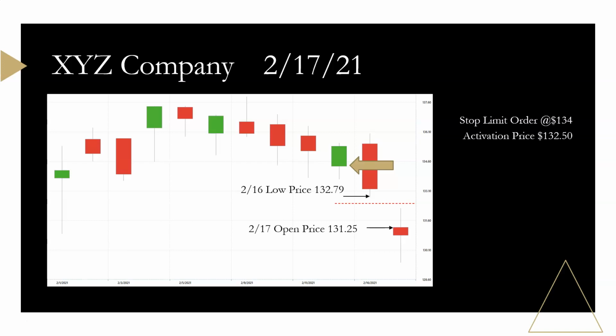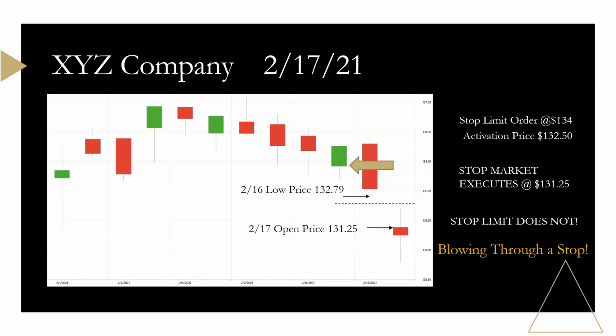So if it closed one day at $132.79, well, it went right past 132.50 and the next available price would have been 131.25, which is exactly where the stop market order would have executed. But because the stop limit order is specific, well, the stop limit order doesn't get executed at all. And that's what's called blowing through a stop.